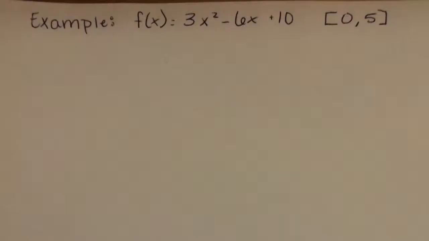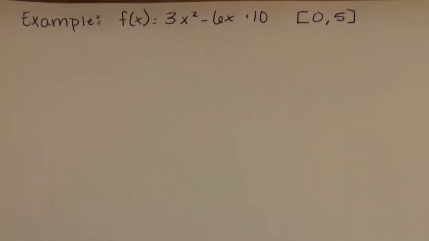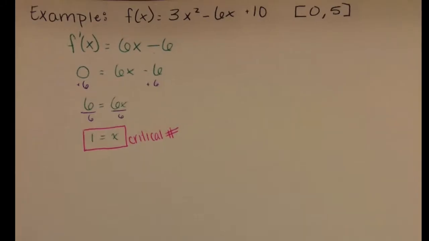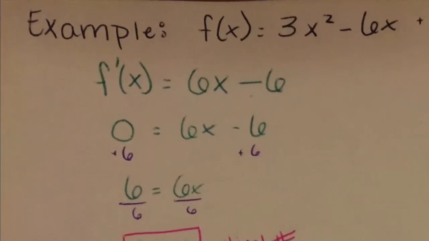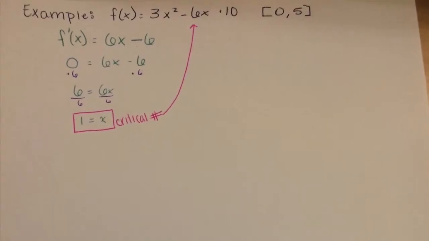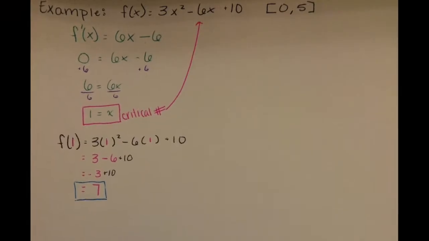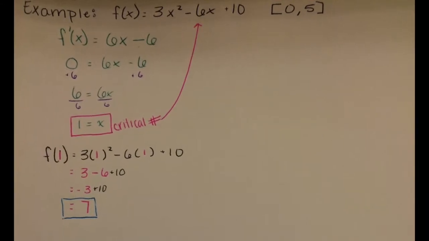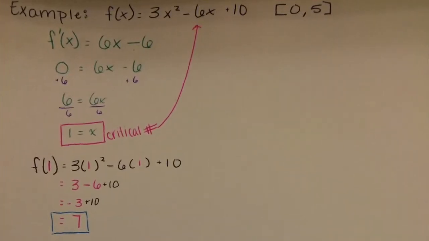I got you. Let's use the same example I gave you before, except we're going to close the graph between 0 and 5. Go ahead and find your critical number using f prime and solve for x. Plug in that critical number into your original equation f of x, and that will give you the y value for that point of inflection.